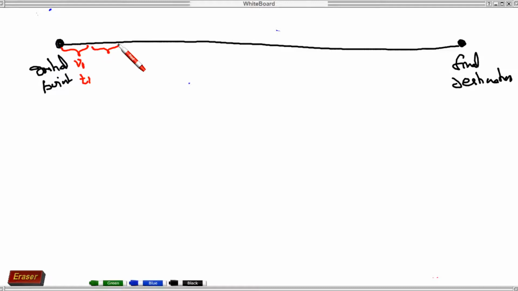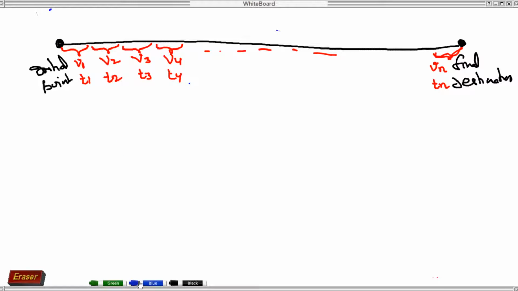From here to here the speed is v2 and the time taken is t2. From here to here the speed is v3 and the time taken is t3. From here to here the speed is v4 and the time taken is t4, and so on. From here the speed is vn and the time taken to complete this part is tn.